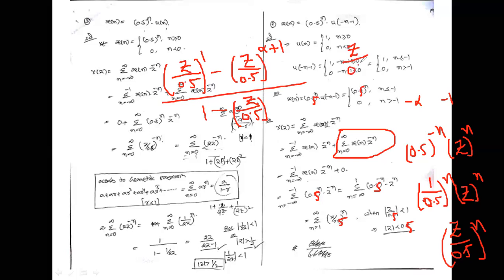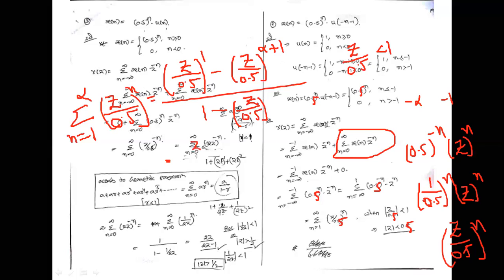Z by 0.5, the value is less than 1. This is the condition we have, when it is in the form of sum of n equal to 1 to infinity, z by 0.5 whole power n.